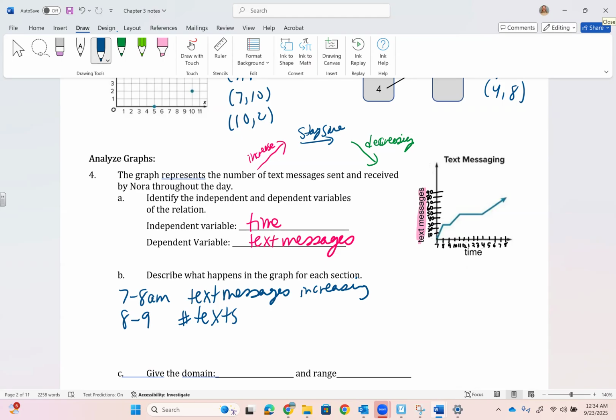So if you're counting your text messages, how many you've sent so far, from 7 a.m., you're increasing. You're sending a bunch from 7 to 8. You aren't increasing from 8 to 9. Not increasing. Another way we could put that would be staying the same.